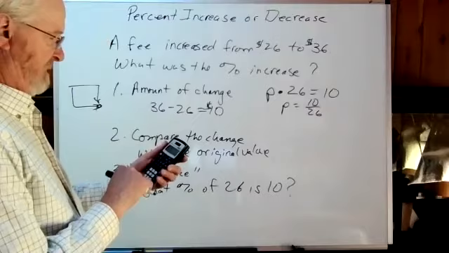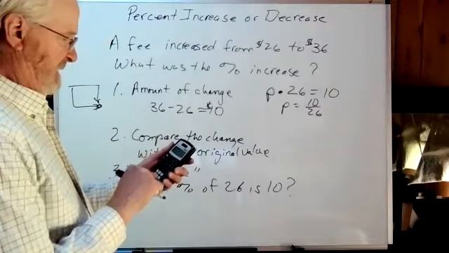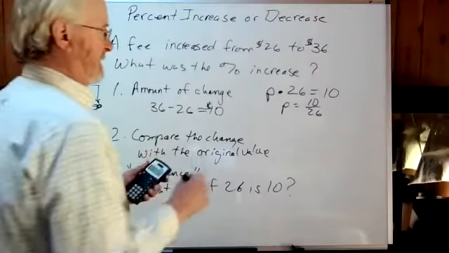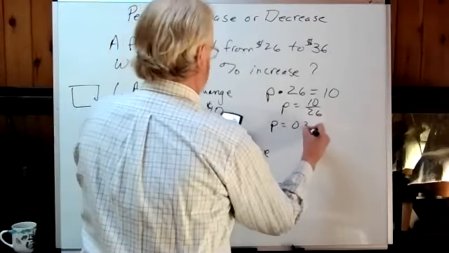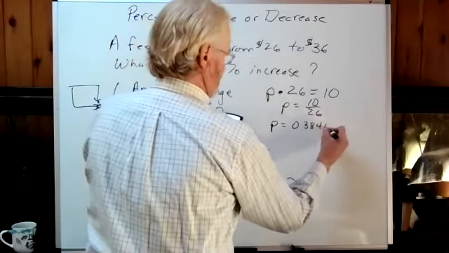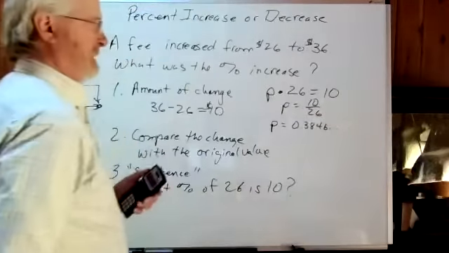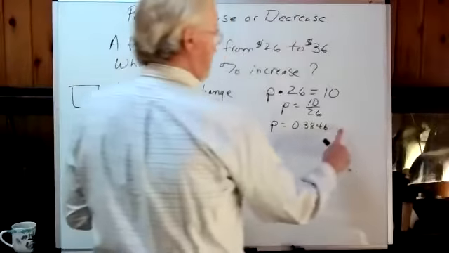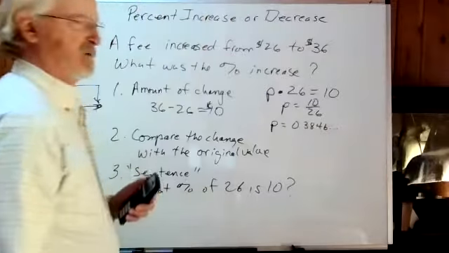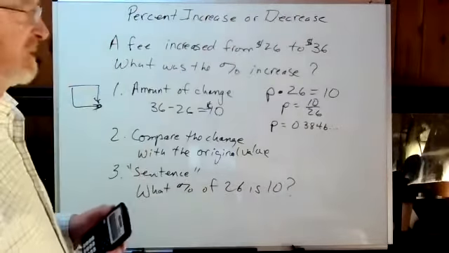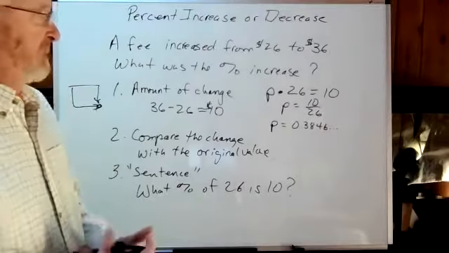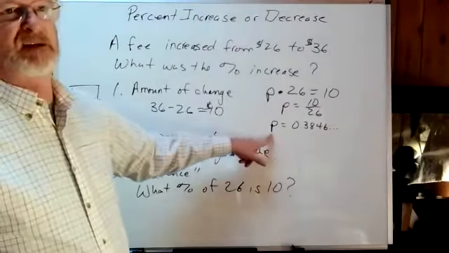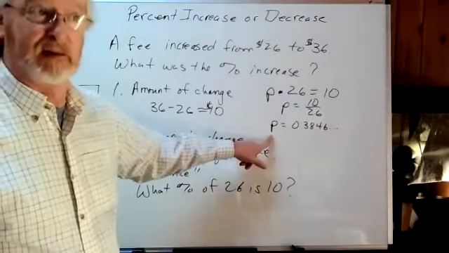And so 10 divided by 26 is 0.3846. Okay. Ellipsis. Really only need 3 dots. Mathematicians use those. 3 dots means it kind of goes on forever. Right? Now, there's my decimal value. Remember, percent, you have to change to percent, not leave it as a decimal.